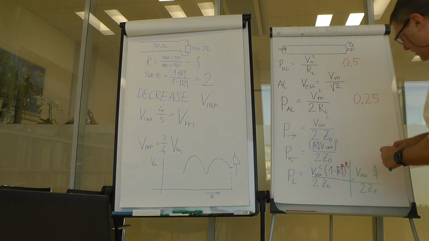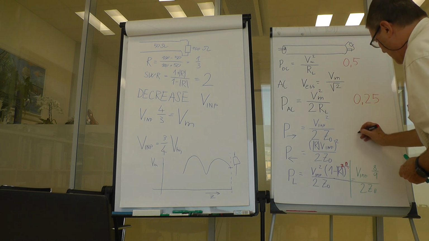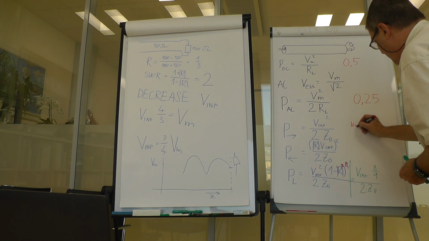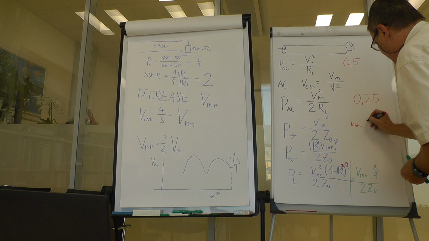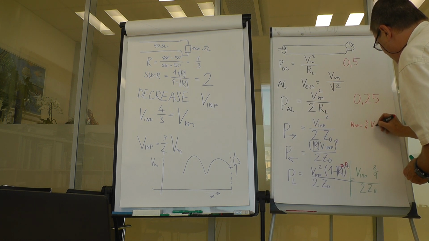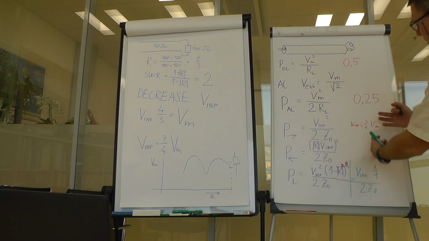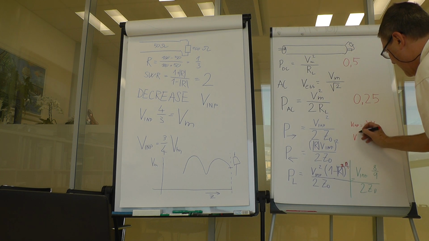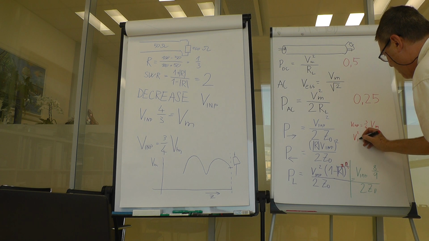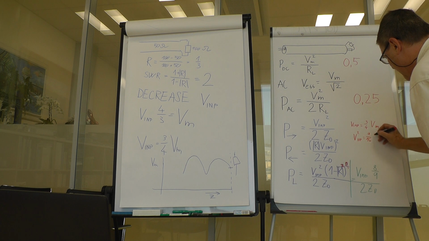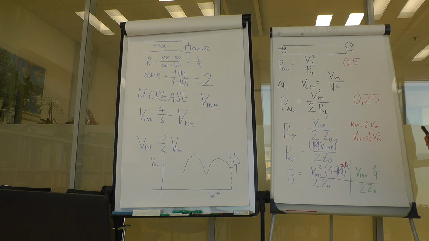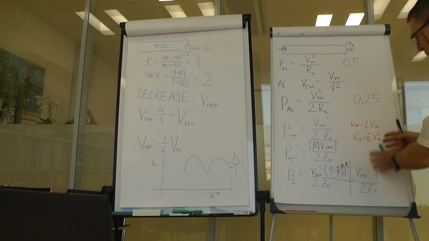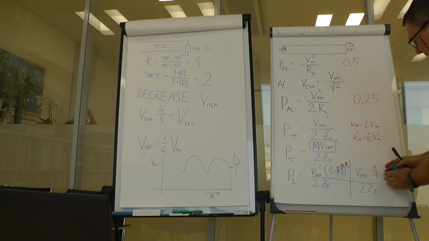So the input voltage is just 3/4 of the maximum voltage, which if we raise to the second power is that the square of the input voltage is 9 divided by 16 of the maximum voltage squared.